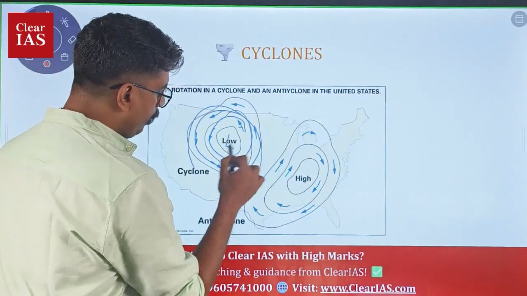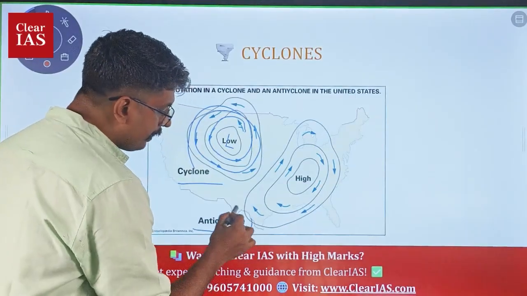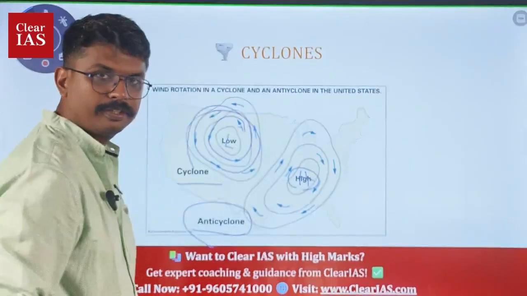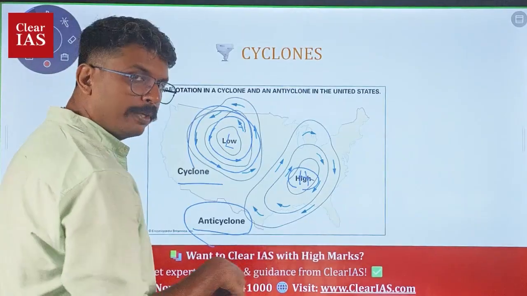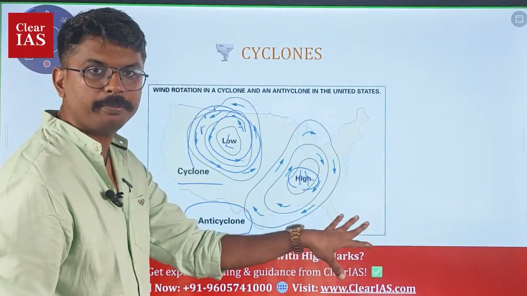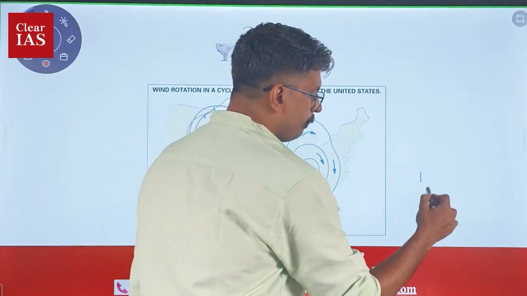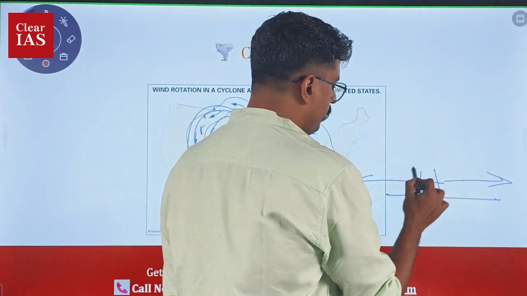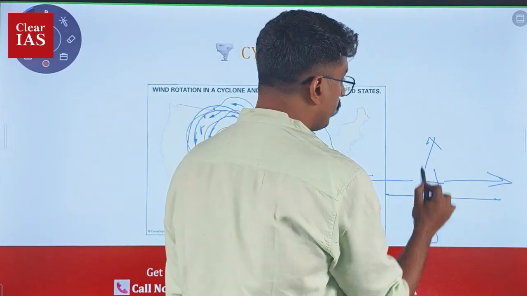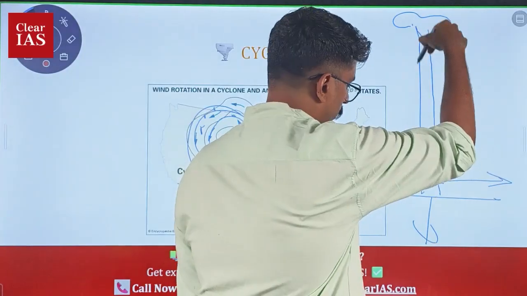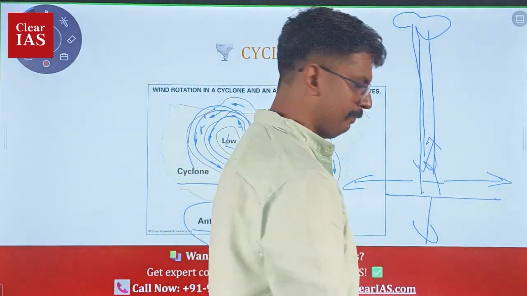And the opposite of a cyclone is an anticyclone, where the center is the high pressure. Okay, the reverse condition. So we studied about cyclone, everything opposite would be anticyclone. So the center would be high pressure on the ground and air will start flowing from this high pressure outwards on the ground, and the air will start descending from above into this high.